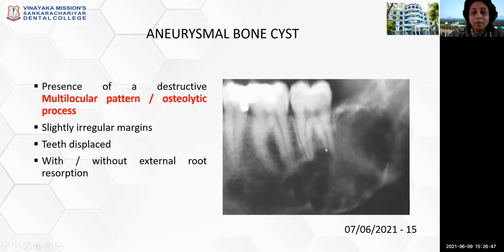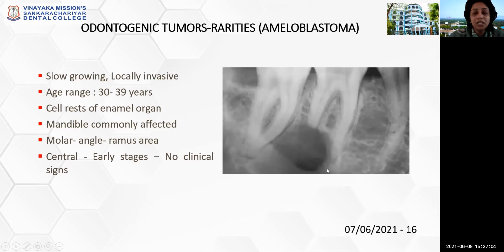It will give a multilocular pattern, but there will not be any scalloping between the roots, and we can diagnose it from the aspiration fluid as well as the multilocular nature. So these are the few lesions which can be considered as either pulpal origin or non-pulpal origin.